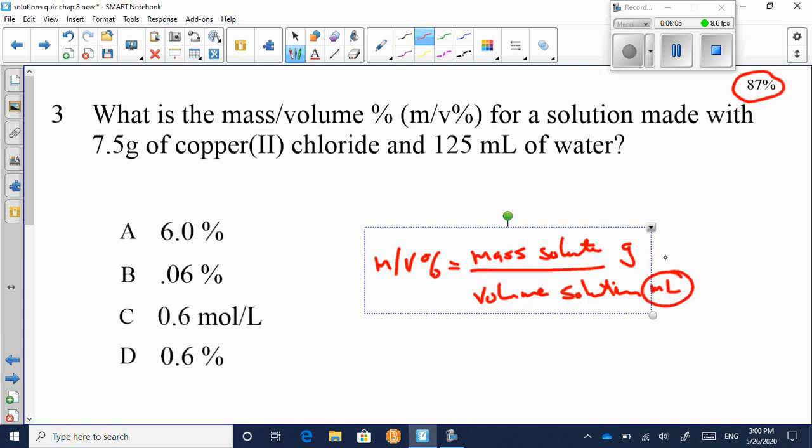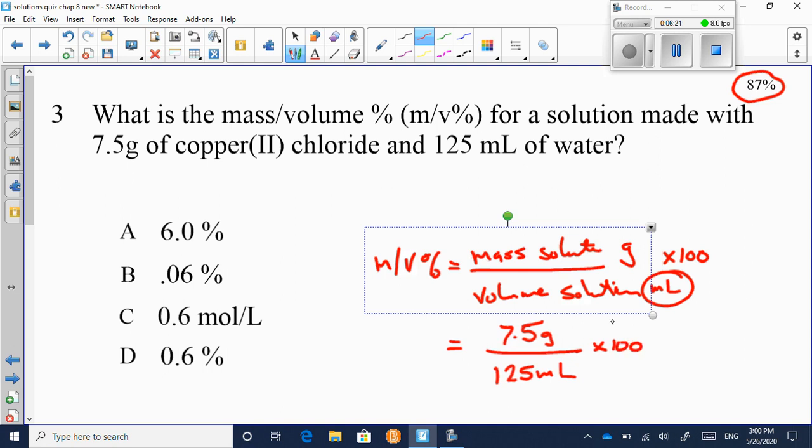You don't use liters for that one, but then you multiply by 100. So here we go. It's going to be 7.5 grams divided by 125 milliliters times 100.